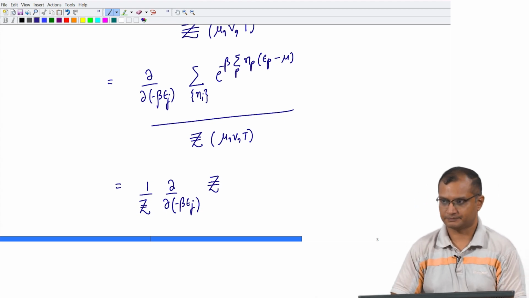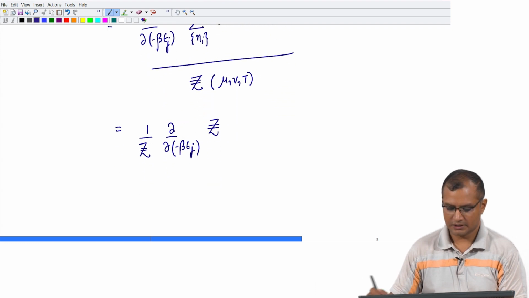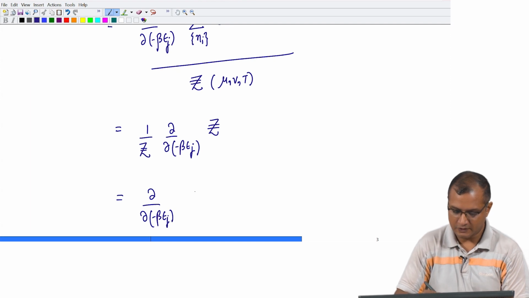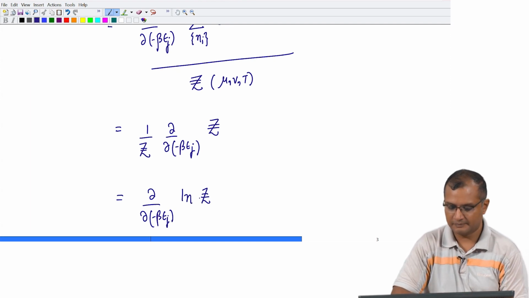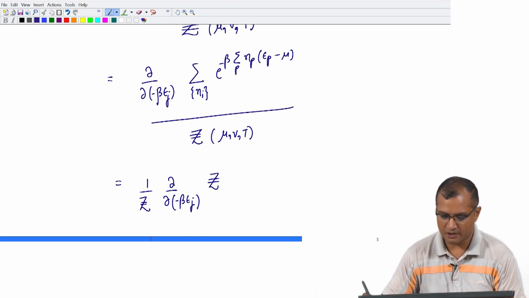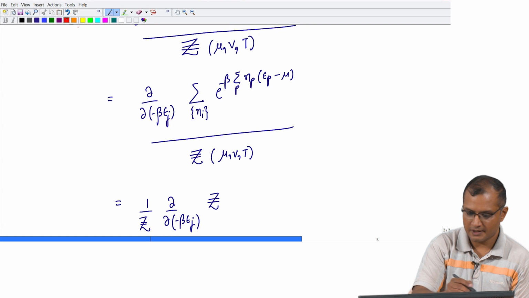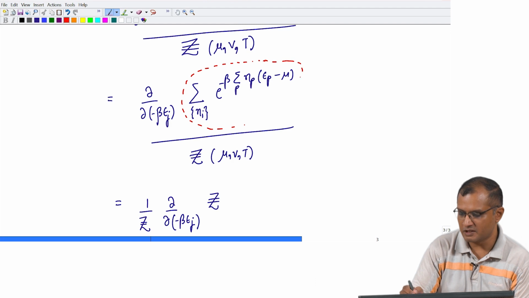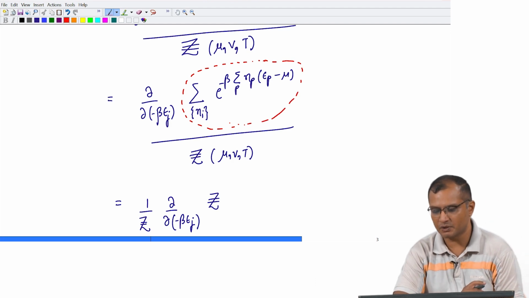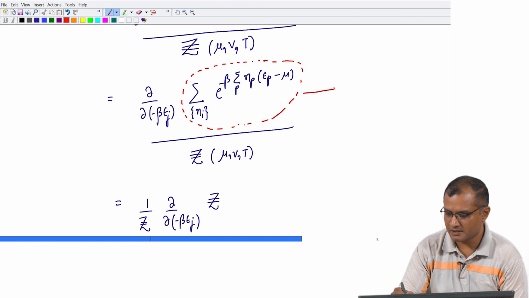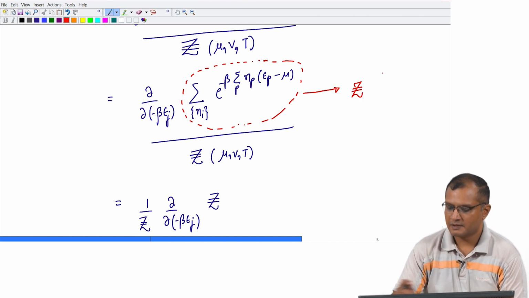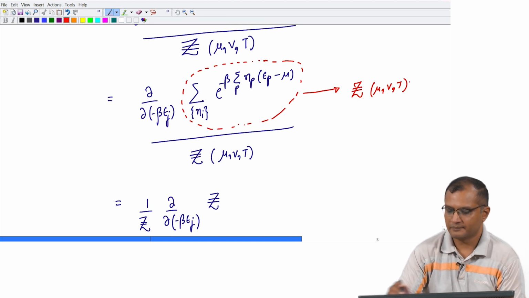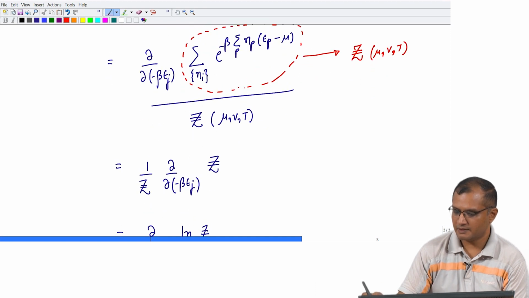So, I can call this the derivative of ln z, because this quantity here is nothing but the partition function itself, sum over all the microstates e raised to minus beta into Hamiltonian. This quantity is the grand canonical partition function. So, that is what I have done here.